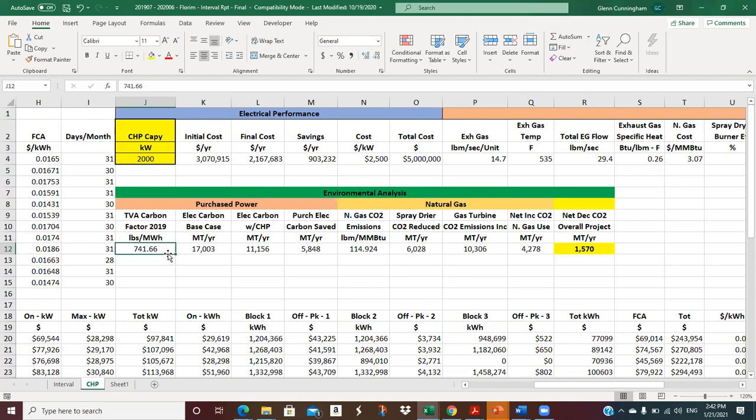And then let's see, electric carbon metric tons per year. So you can see what the company was doing, what it would go down to, purchased electricity carbon saved, but then we got to burn more natural gas on site. So anyway, overall net decrease. They were going to save 1,570 metric tons per year of carbon.